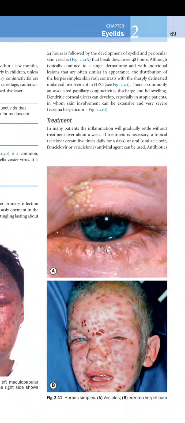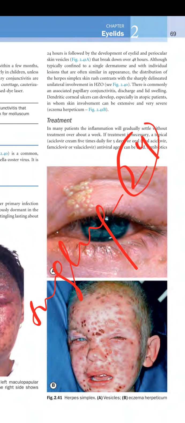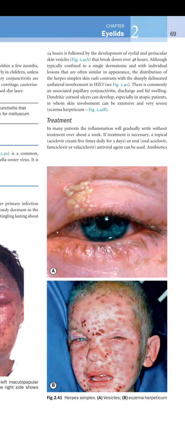So basically, in a case of herpes simplex rash, the patient may present with a tingling sensation in the face for about 24 hours, and then it is followed by vesicle formation and then breakdown. They do not necessarily follow the dermatome; they can be bilateral and can cross the midline as well, as compared to herpes zoster, which is strictly a unilateral infection.